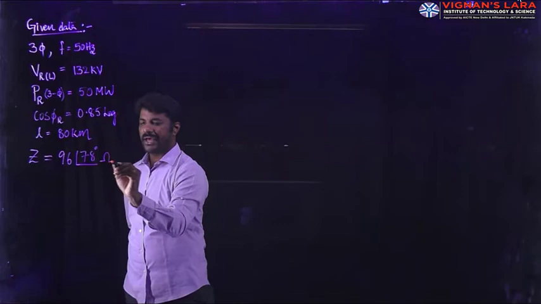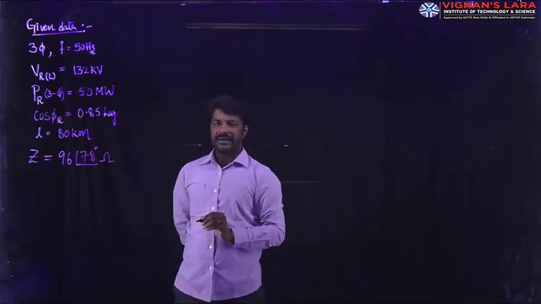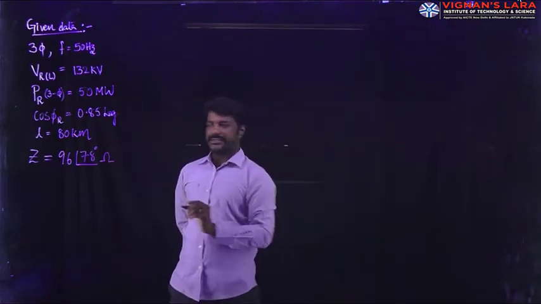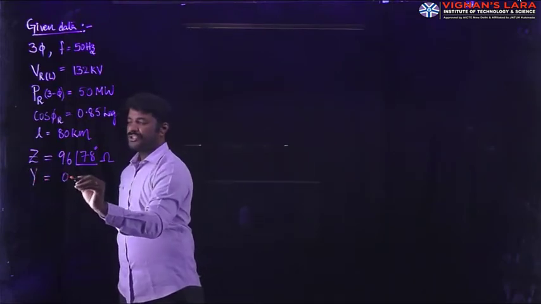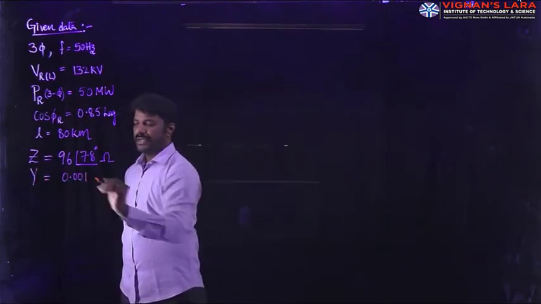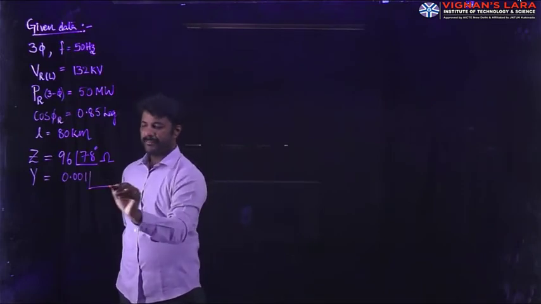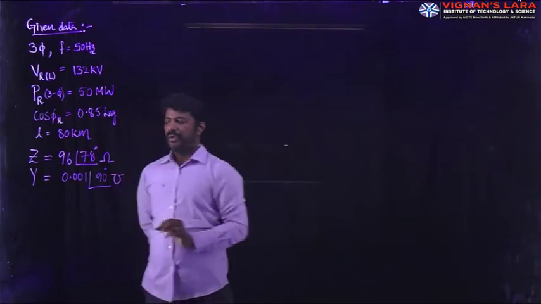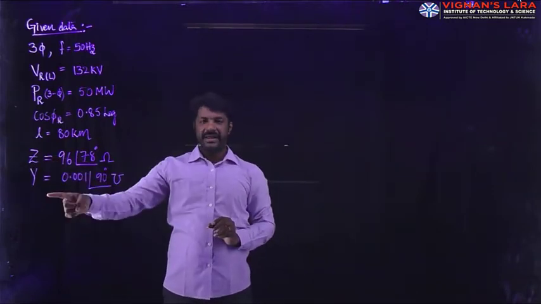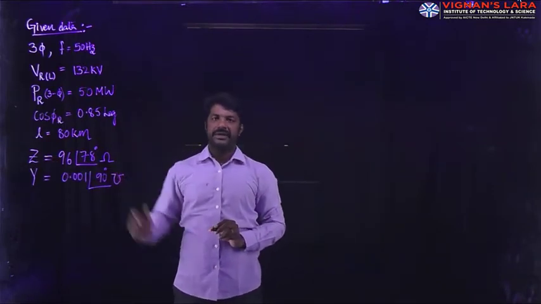This is the ohmic value. Coming to the shunt branch, the admittance Y is given as 0.001 at an angle of 90 degrees. These two values Z and Y are given directly for 80 kilometers.